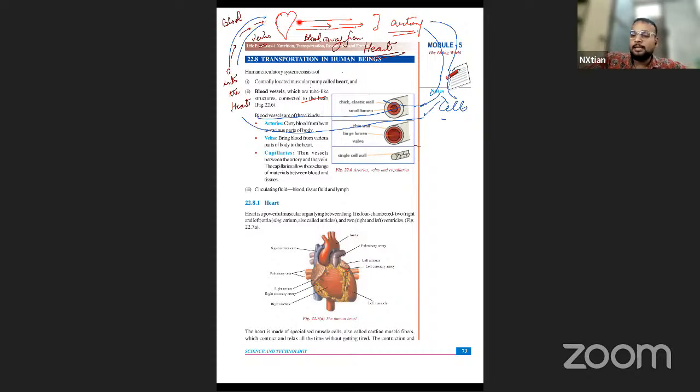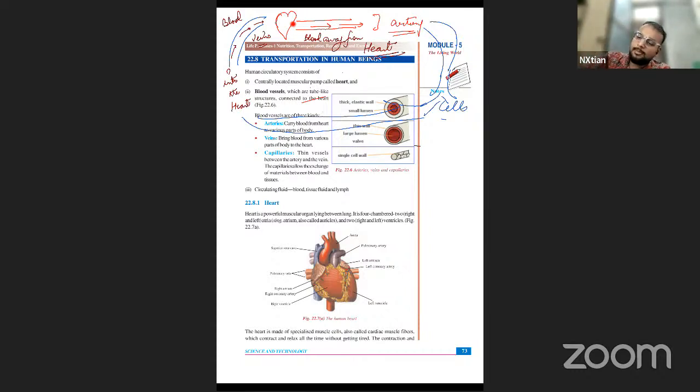So it goes like this: heart, artery, cells, then again vein, and then heart. This is how it occurs. Did you understand? Yes or no?